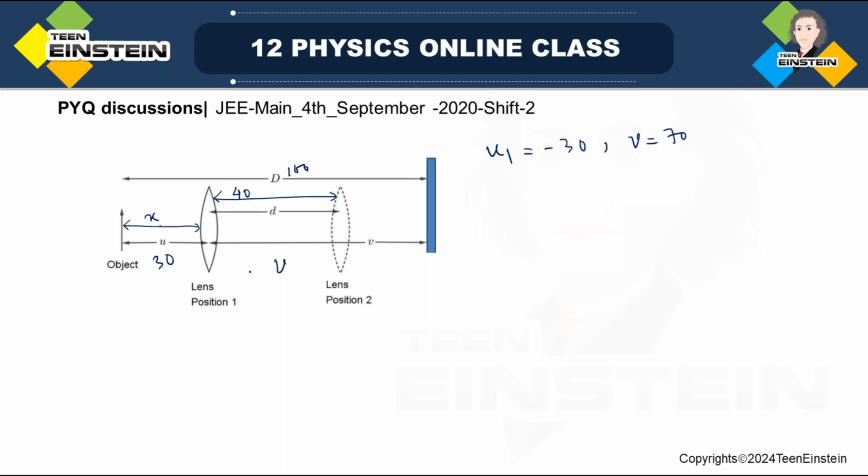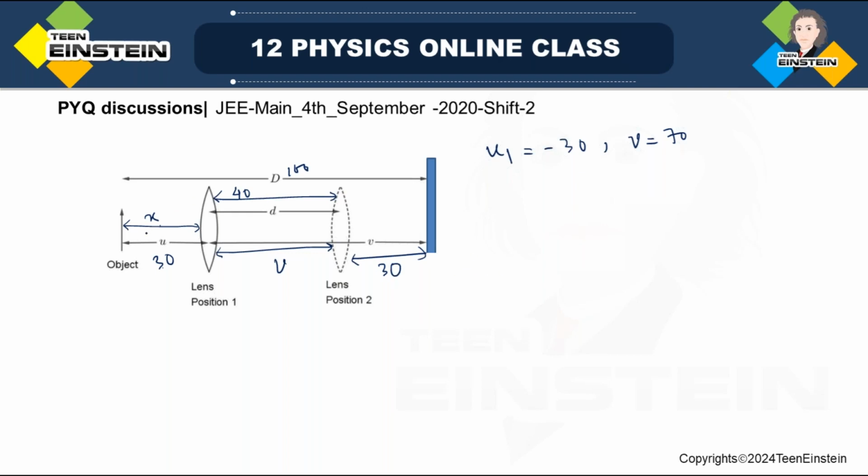Again look, this much is 40. So what is the distance between this second position of the lens to the screen? That is going to be 30 only, right? Do you get my point?